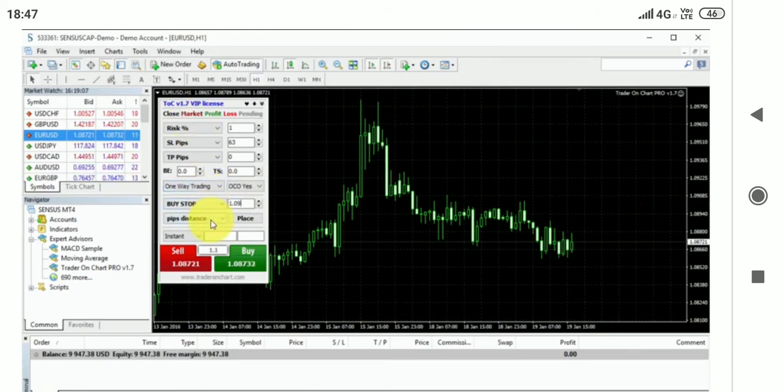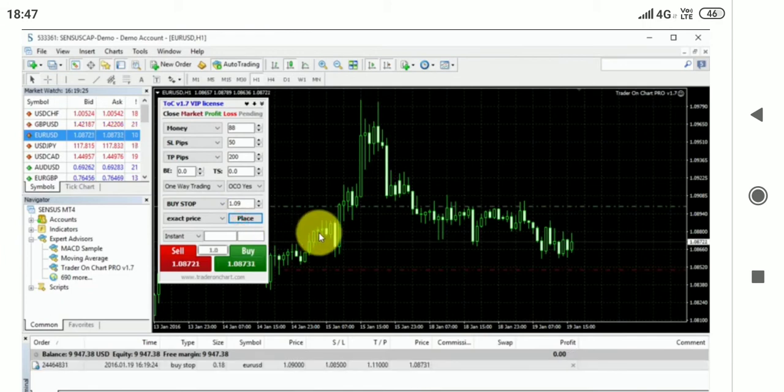It will be a buy stop at exact price, and I want a stop loss of 50 and take profit of say 200, and also I want to risk, I don't know, $88, and I click place, and it will place my pending order. It will calculate the right position size to lose $88 in case it hits the stop loss.